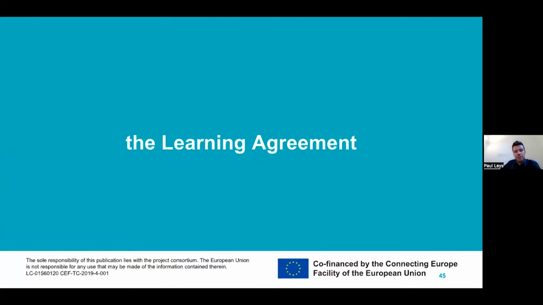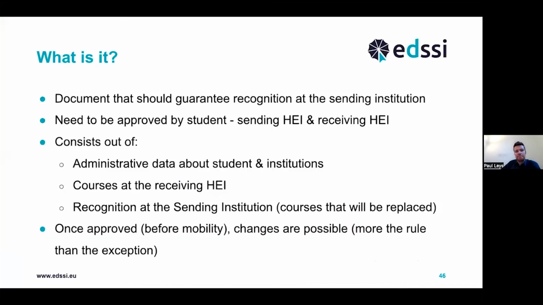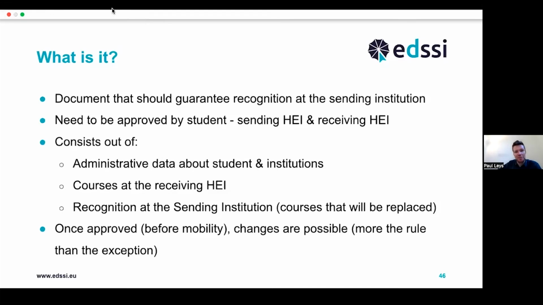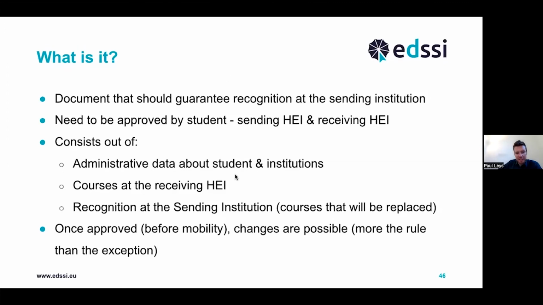Then we have the learning agreement, and it might not be the most logical process, but we follow the process or the logic from the digitization timeline. Maybe first I should have introduced the nominations, but what is a learning agreement? A learning agreement is also extremely important because it guarantees the recognition at the sending institution.